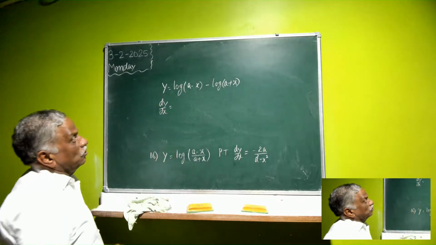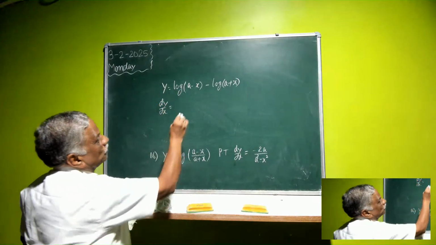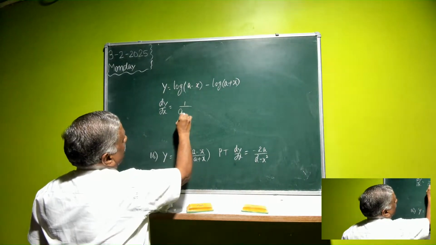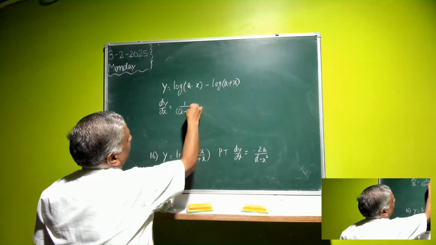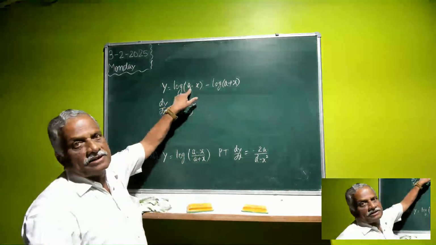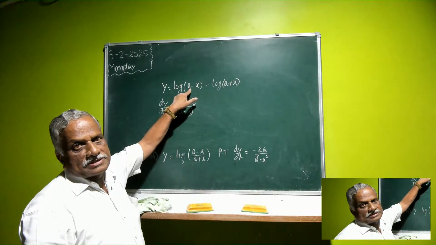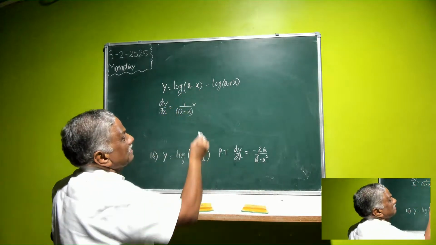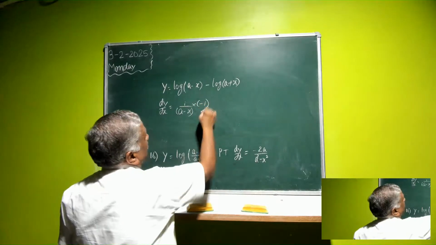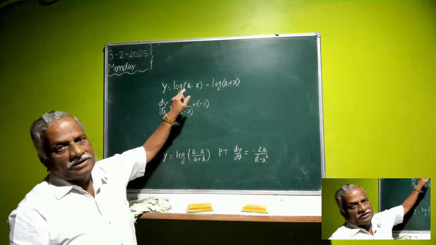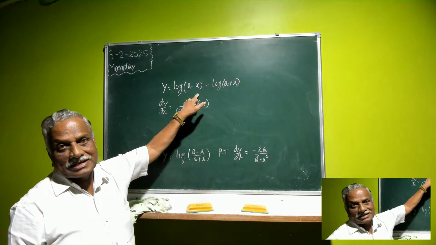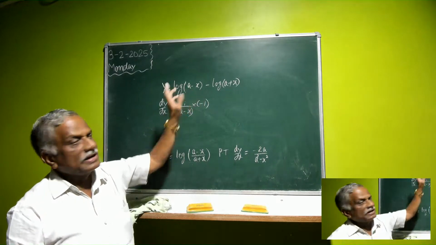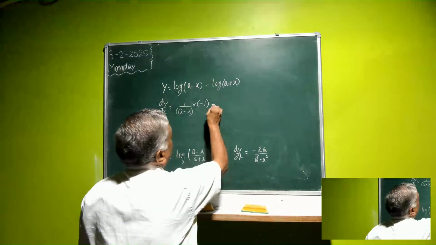First, you should differentiate log. It is 1 over a minus x, and then I should differentiate a minus x. A is a constant, therefore it is 0. x is 1, but there is minus x, therefore minus 1. Be very careful. A is 0, x is 1, but not just 1, it is minus x.